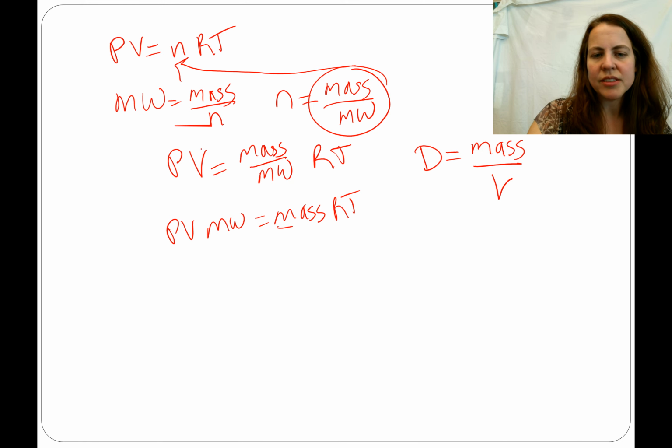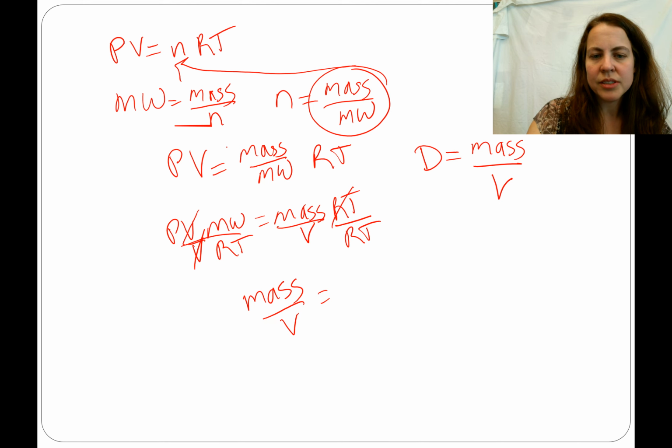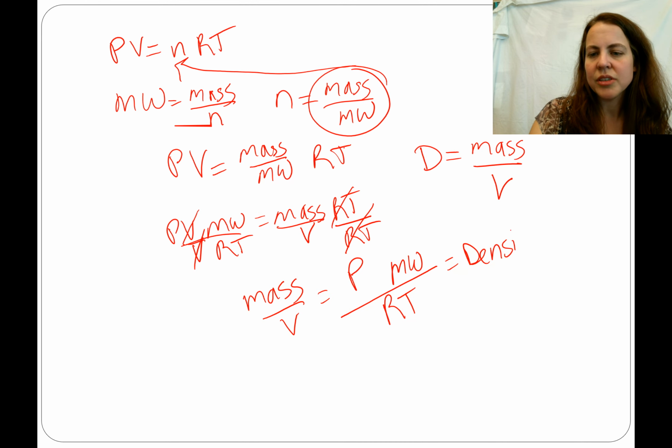I want to get mass over volume, so I'm going to divide both sides by volume. That gets rid of volume. Now I want to get rid of RT over here, so I'm going to divide both sides by RT. So I end up with mass over volume equals pressure times molecular weight over RT, and that is equal to our density.